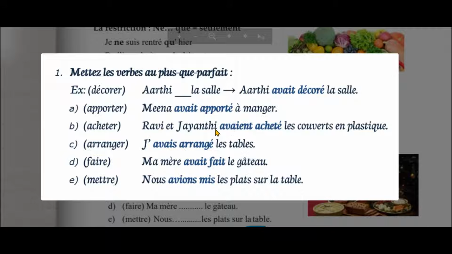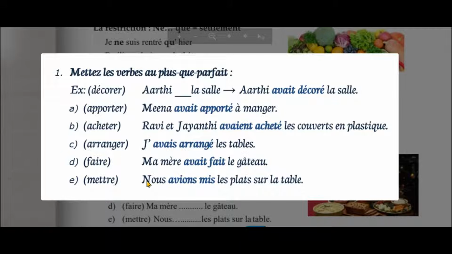So that's how you get avaient, followed by the past participle. Cut ER, add é. The next one, I had arranged the tables. So again, you have the imparfait form of avoir, which is avais, followed by the past participle. So you just cut ER, add é.